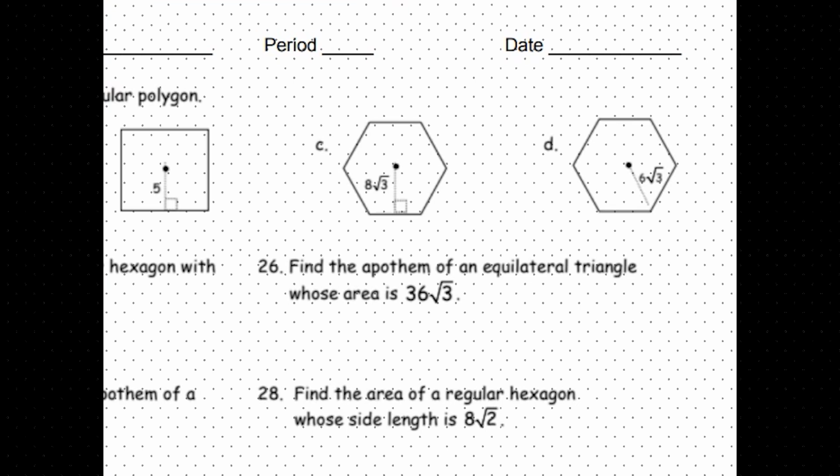So the apothem is 5. So 5 times 40. The perimeter was 40. 5 times 40 divided by 2, right? Okay, next.